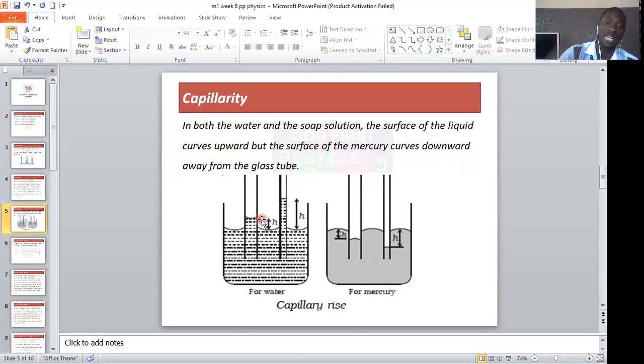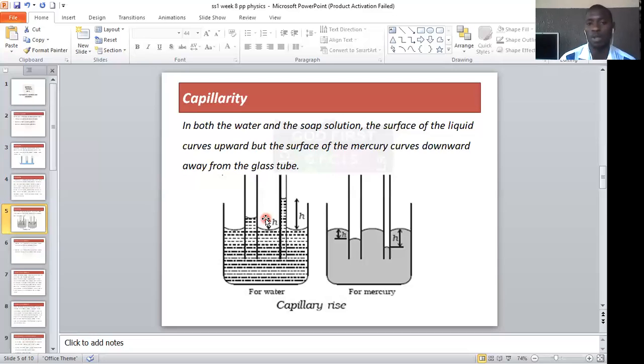You can practice that, and the shape is like this: a concave shape, it curves upward. You can try that and notice the liquid rising above the level around your straw in your soup.